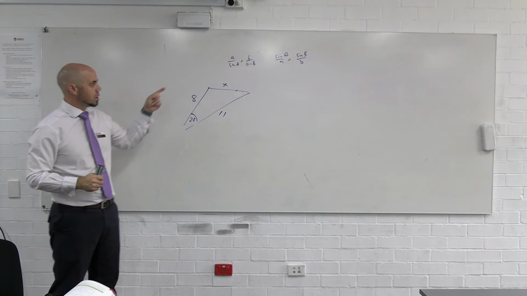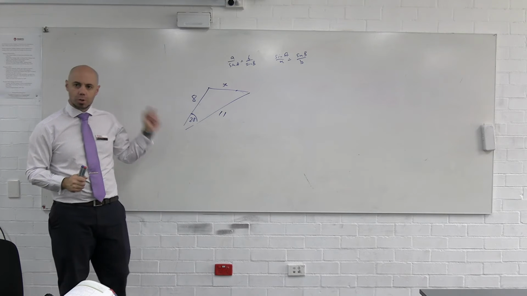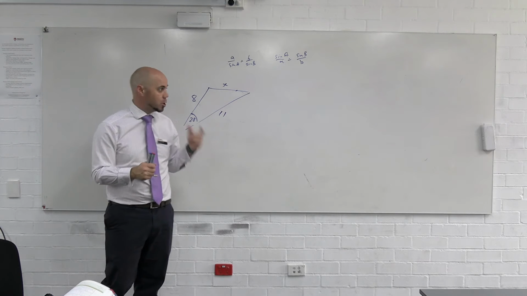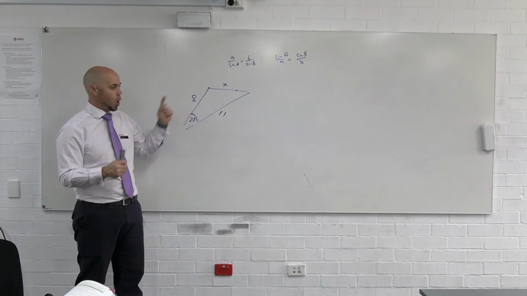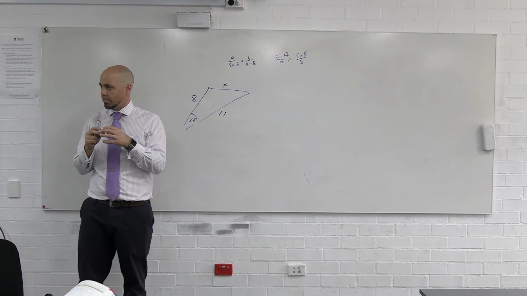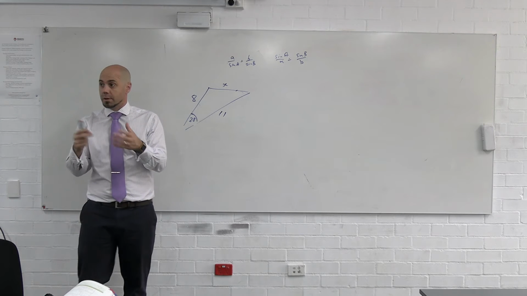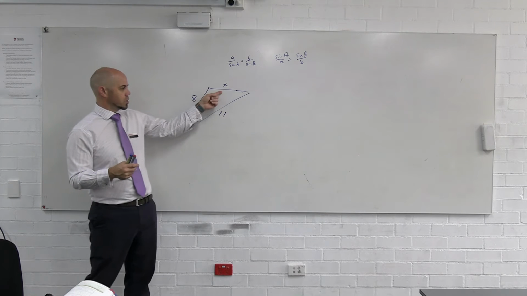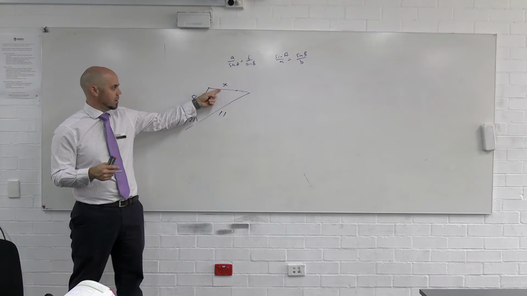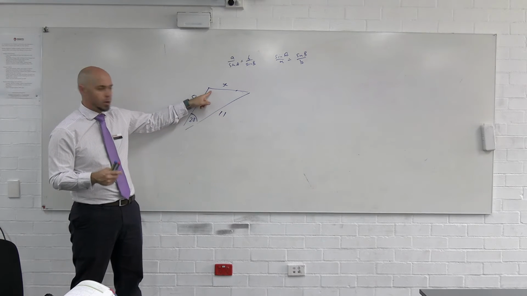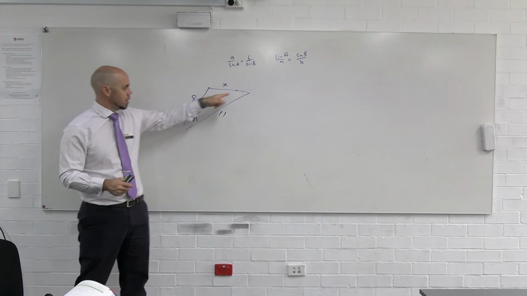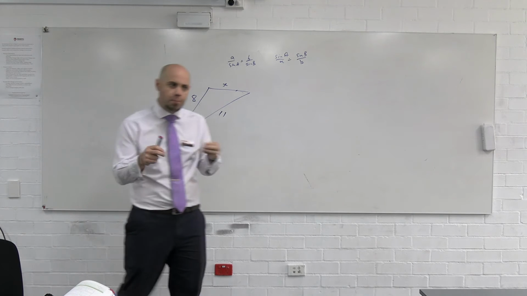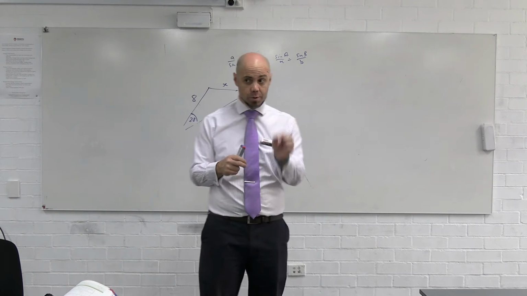We can't use the sine rule for this because nowhere in the triangle do we know an angle and its opposite side. We've got an angle here and an opposite side we're trying to find out, we don't know that value. We've got a side here, we don't know the opposite angle. We've got a side here, we don't know the opposite angle. So we don't already have a pair of knowns.